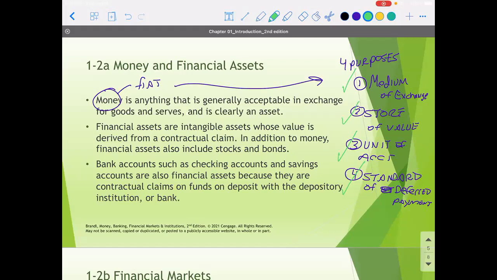So this money is an asset as identified here. Financial assets are also assets. And as I identified here, primarily we're talking about equity markets and bond markets. And we could also think of bank accounts as another form of these financial assets.